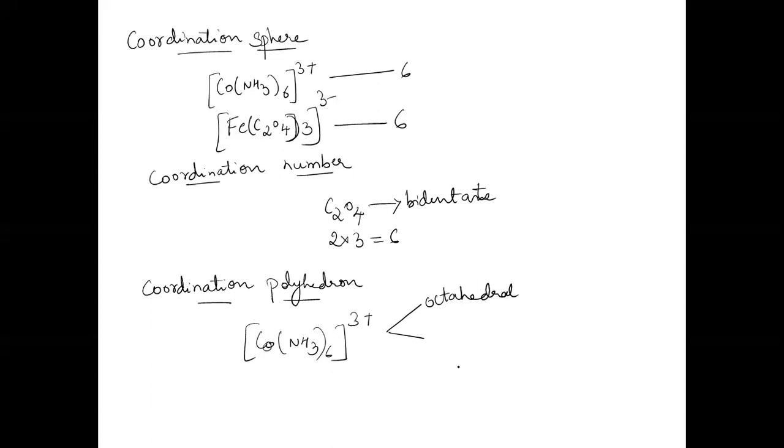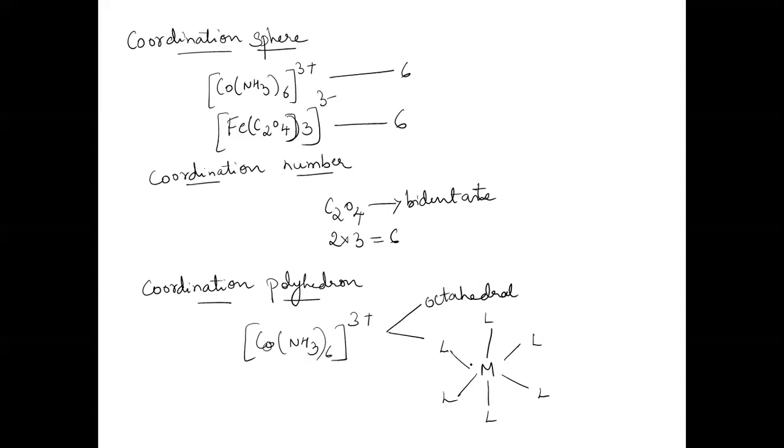You know the structure of this. It is something like this, surrounded by six ligands. Four ligands are in one plane, and one is above and one below the plane. This is the arrangement of the ligands around the central atom.